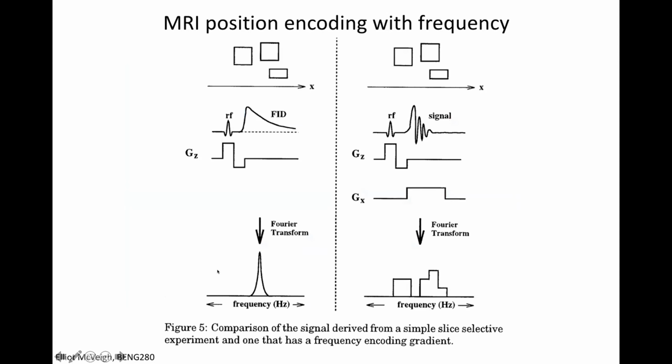So now we'll stop here because this is a good stopping point, but we're at a point where we can look at the effect of reading out a signal while a gradient is on. So here is my object, right?